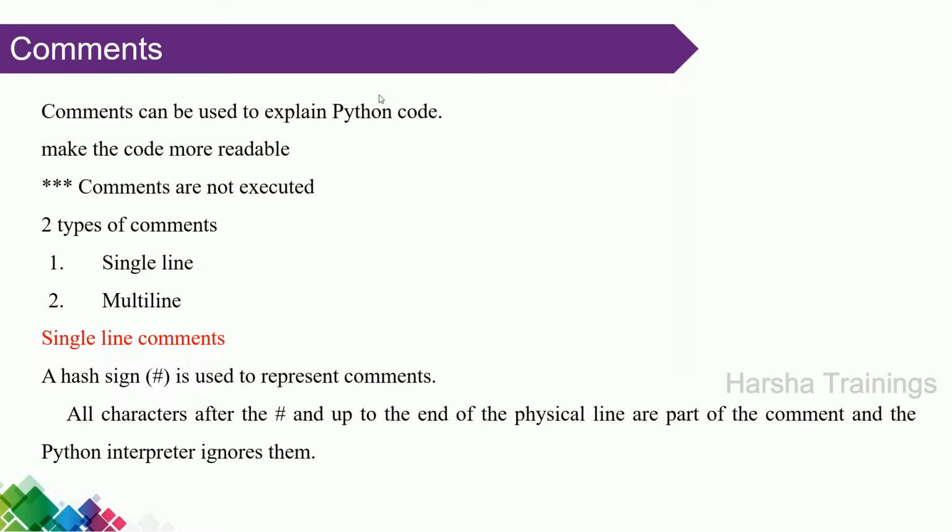If any number contains a combination of digits 0 to 9, such types of numbers are called decimal numbers. And octal numbers: if you are starting from 0 and ending at 7, that is a total of 8 numbers allowed.